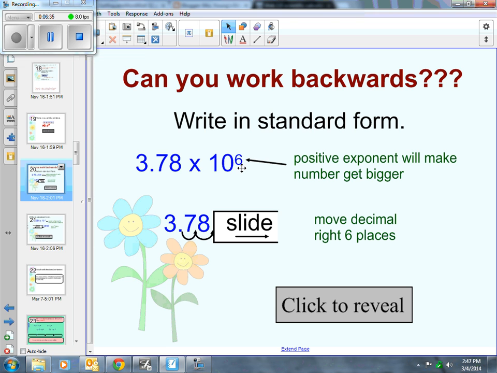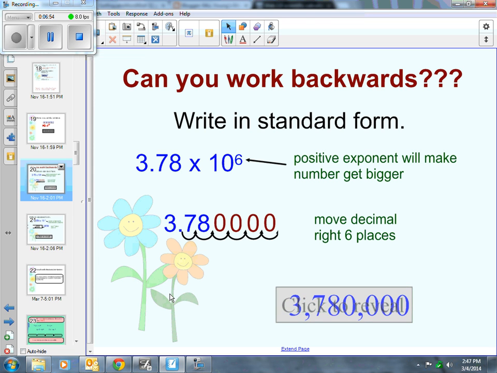Right away, we can tell it's going to get bigger. And we start from the decimal point that's in the scientific notation. So in this case, we're going to move it 6 times. 1, 2, 3, 4, 5, 6. And my ending number is 3,780,000.